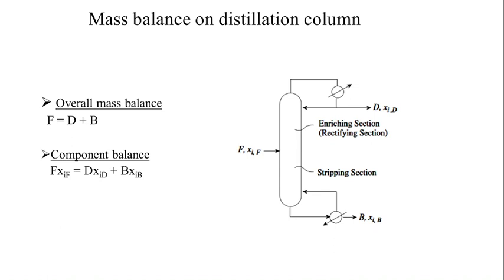B represents the bottom flow rate and xiB represents the mole fraction of the more volatile component in the bottom product. Then the overall mass balance is given by F equal to B plus D, and the component mass balance is given as F into xiF equal to D into xiD plus B into xiB.